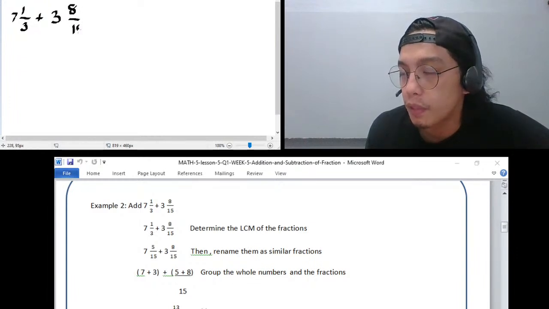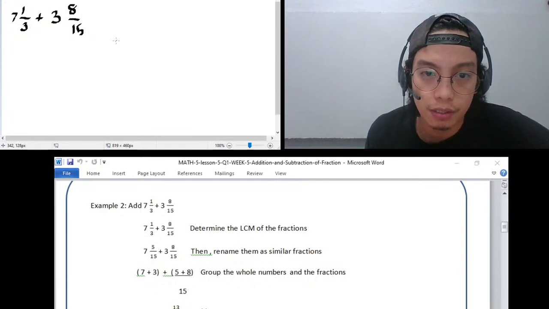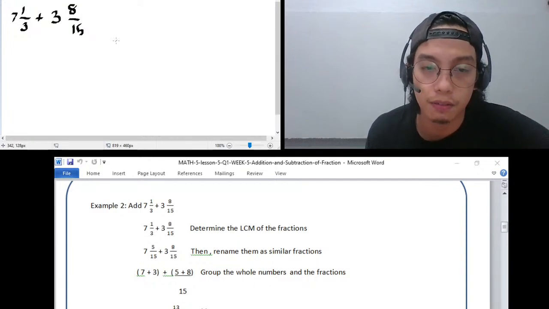Okay. So what it says here, determine the LCM of the fractions, the least common multiple or least common denominator, LCD. Then rename them as similar fractions. Group the whole numbers and the fractions.